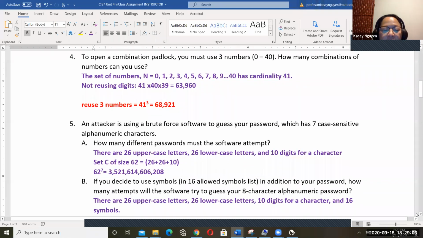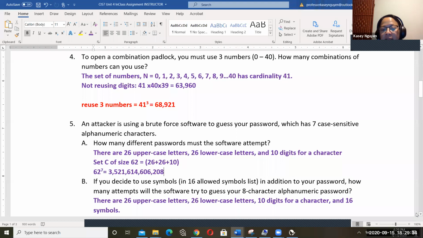Now let's say that you decide to use symbols and there are 16 allowed symbols that you want to use for your password. How many attempts will the software try to guess your 8-character alphanumeric password with symbols? Okay, so at this point, we have to determine our cardinality with the symbols.